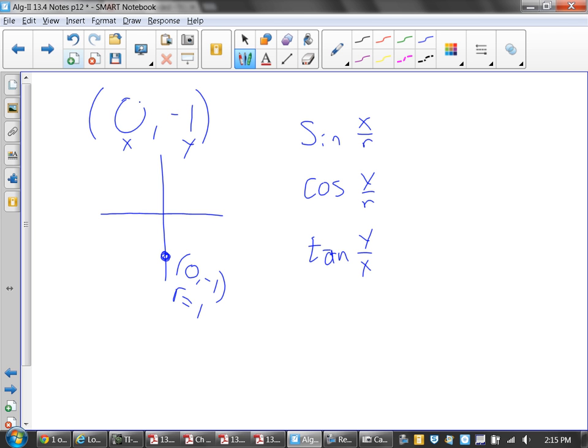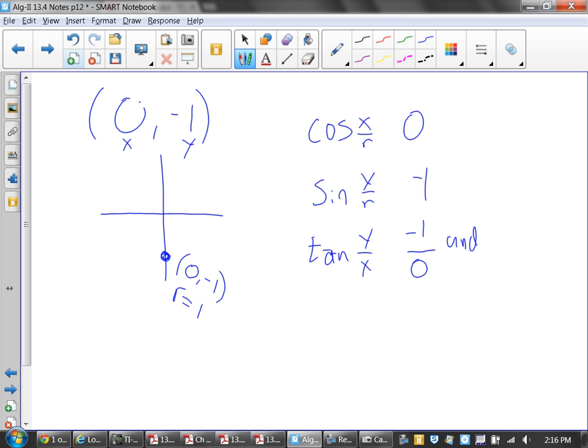In this case here, my sine value is 0, because that is the ordered pair. Cosine is negative 1. Tangent would be negative 1 divided by 0. Oh, did I write that? Yeah. Sorry, I just realized I wrote cosine for the wrong one. Sorry, sine was x over r. Sorry about that. So sine, that's correct. Tangent would be negative 1 over 0. Can I have 0 in my denominator? So what's tangent at that value? Undefined.